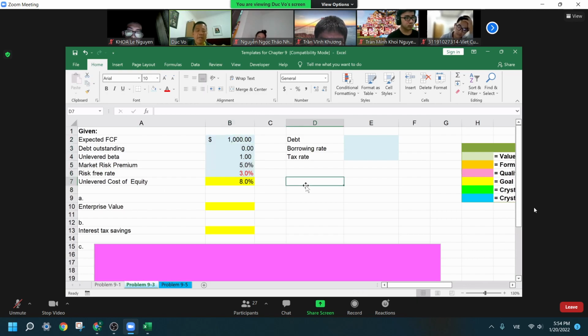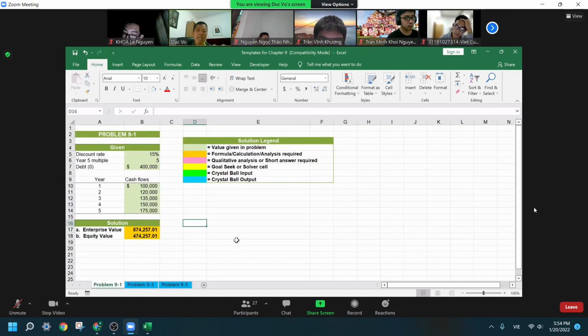limited information, they ask you to work out the enterprise value. Just before I go into that, if you can look for problem 9.1, I leave it there for you, right? If you want to work out the enterprise value, you simply calculate the present value of all the expected cash flows in the future.